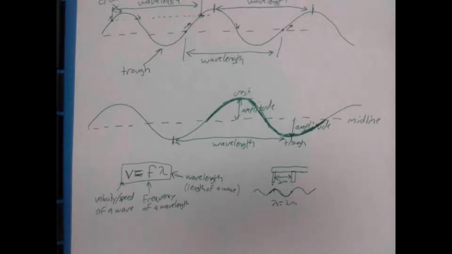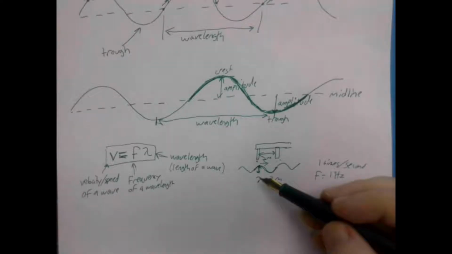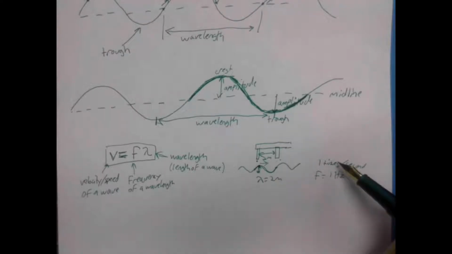You could use this to actually figure out the velocity of this wave. If you knew the wavelength, if you were able to measure a distance from crest to crest, and if you knew how many waves are passing every second. So let's say you see one crest pass by this pier one time every second.